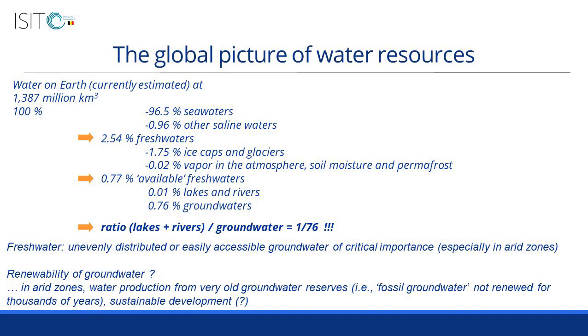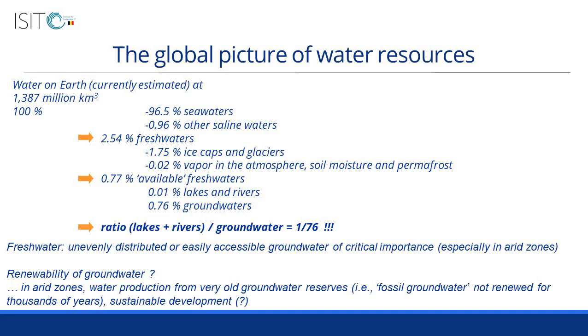First of all, Alain would go on to map a global picture of water resources. As you may know, there's plenty of water on our blue marble, but unfortunately, only less than 1% is actually available fresh water from the lakes and rivers.